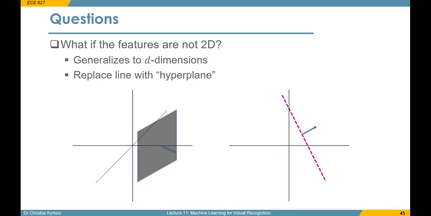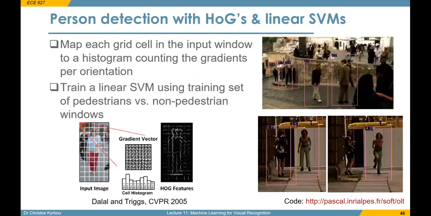Exactly the same mathematical formulation applies to what we had before. So with what we have described, you can build very powerful detection systems. For example, this is the seminal work by Dalal and Triggs in 2005. People have used this formulation to build very accurate upright person detectors.